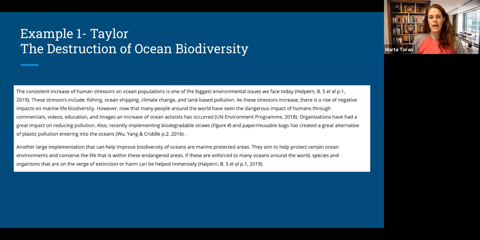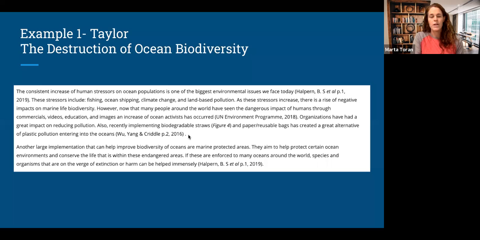Another claim that is made is that some of the stressors that are related to human impact on ocean biodiversity are things like fishing, ocean transport or sea transport, climate change, and land-based pollution. And the source for that is the UN Environmental Program Report 2018.